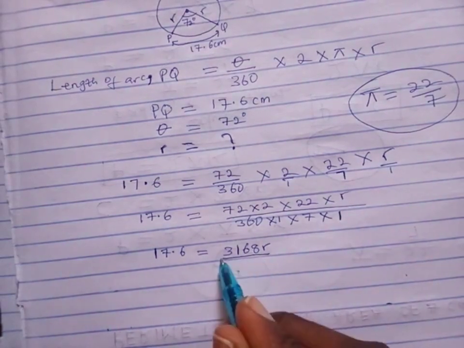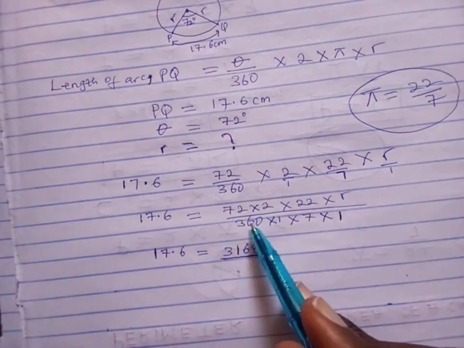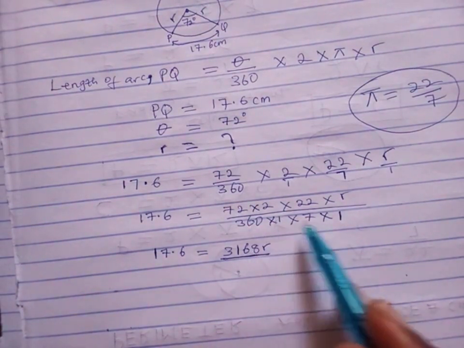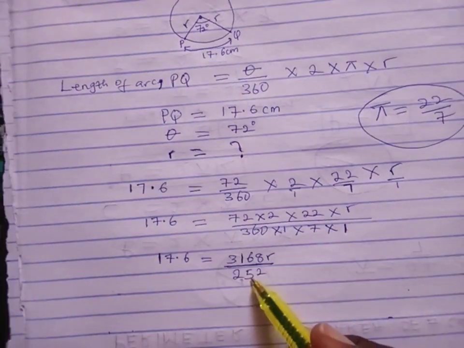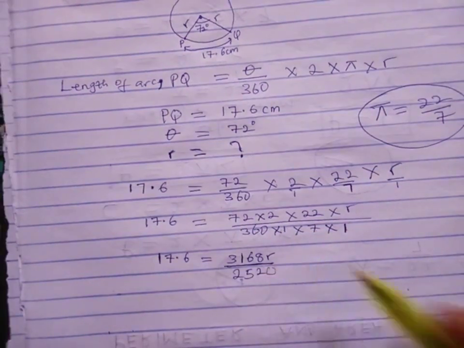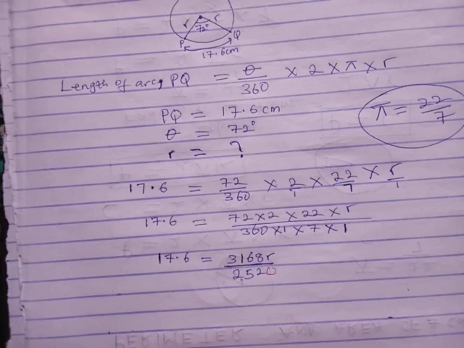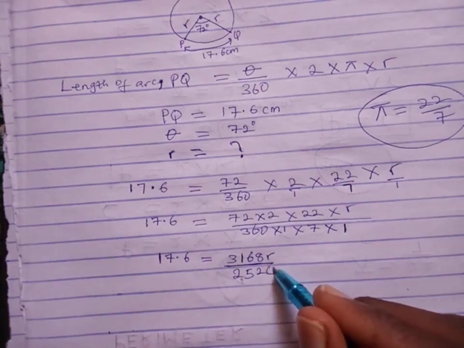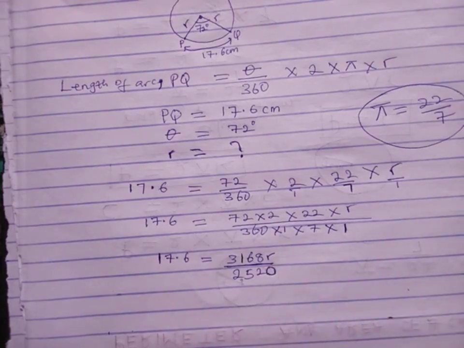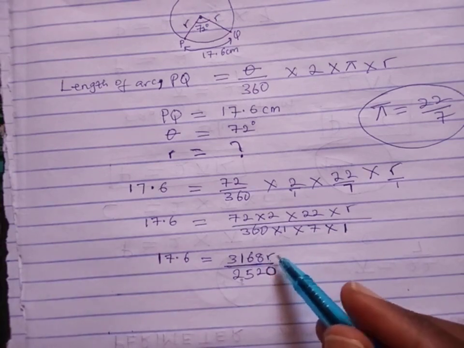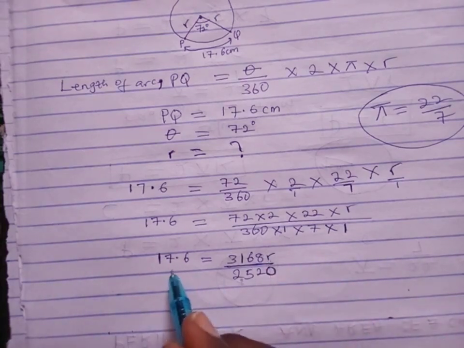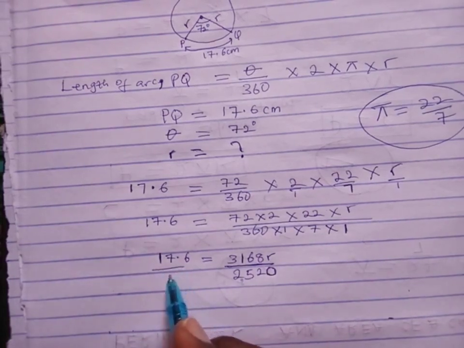Now let's multiply out the denominators: 360 times 1 times 7 times 1. So we have 2520. This is exactly what we have here, 2520. Now, the next thing we need to do to find this r is to cross multiply. Of course, we can make this 17.6 to be over 1.